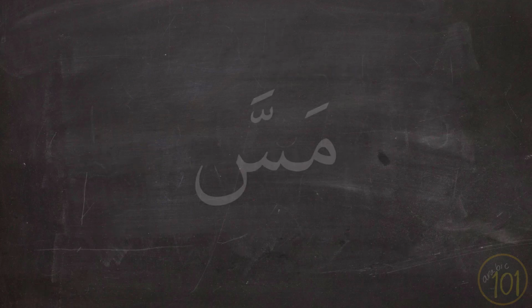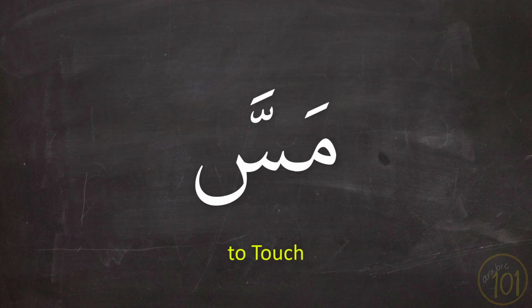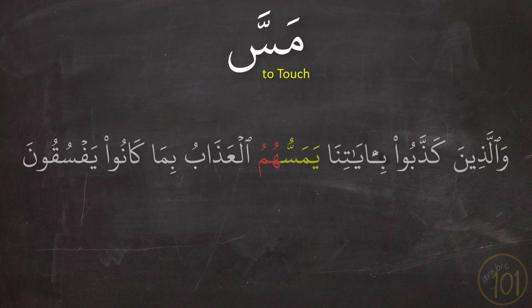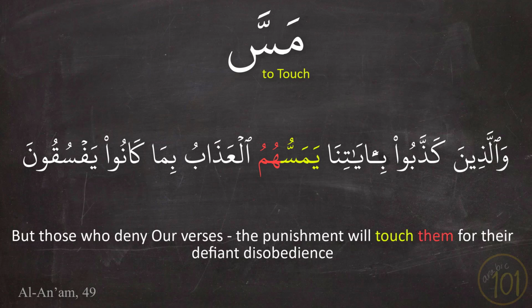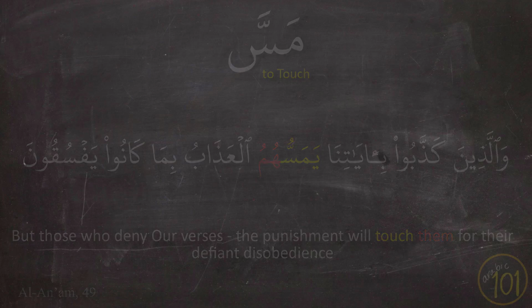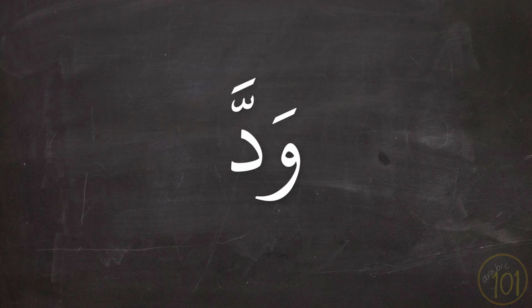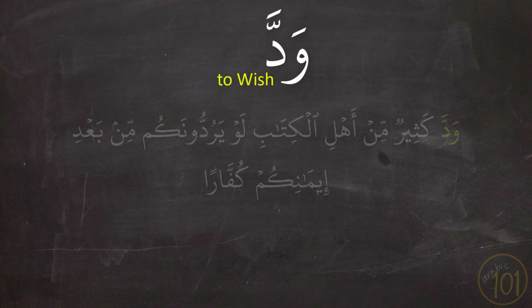The next verb is مس, and it means to touch, like in this example. والذين كذبوا بآياتنا يمسهم العذاب بما كانوا يفسقون. The next verb is ود, which means to wish. You see it used in this example.